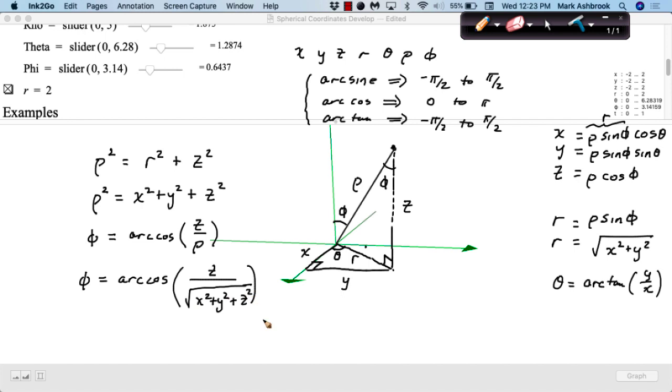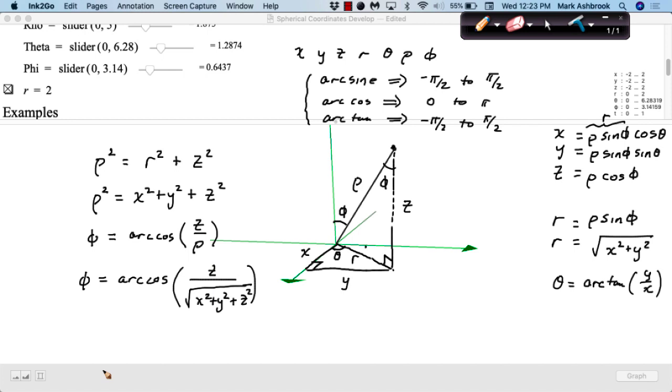So now that we've got three different ways to express points in R3, that's lots of variables, and so we need all these relationships between them. This is if you've got spherical and you want Cartesian. This is if you've got spherical or Cartesian and you want cylindrical. And this is if you've got Cartesian or rectangular or cylindrical and you want spherical.